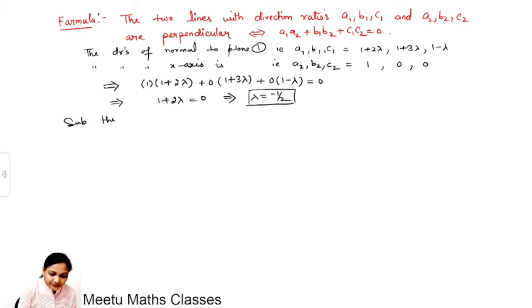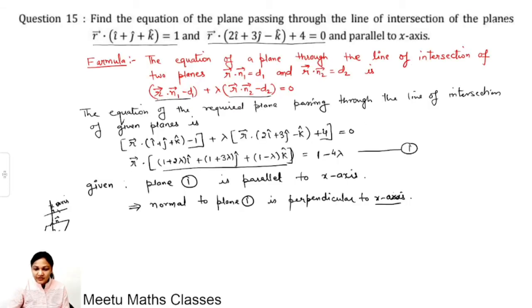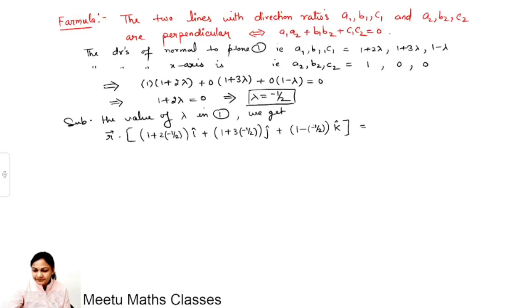Substituting the value of lambda in 1, we get r dot, this is 1 plus 2 lambda, lambda is minus half, i plus 1 plus 3 lambda, lambda is minus half, j plus 1 minus lambda, lambda is minus half, k is equals to 1 minus 4 lambda, lambda is minus half.